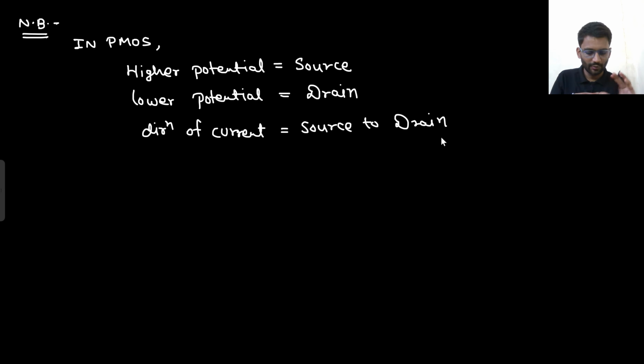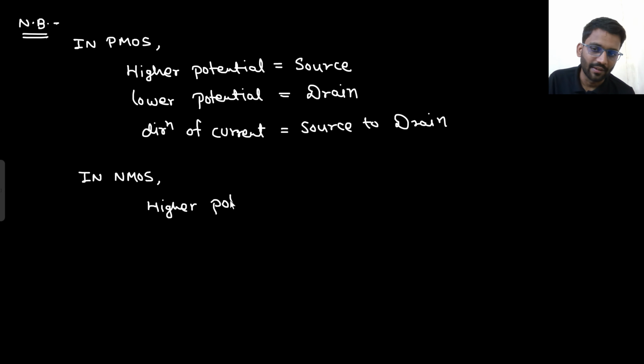We can write the same thing for NMOS as well. Although we have already written it, for comparison we are writing it again. In NMOS, what was the higher potential? Higher potential was drain. Drain was positive there. If you have remembered the pictures in your mind, it will be very easy. Lower potential was source.